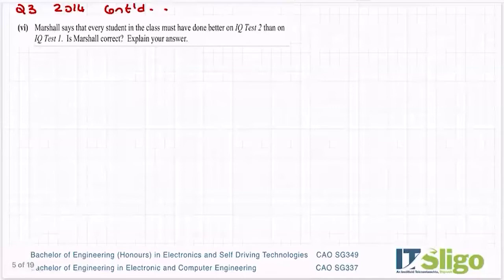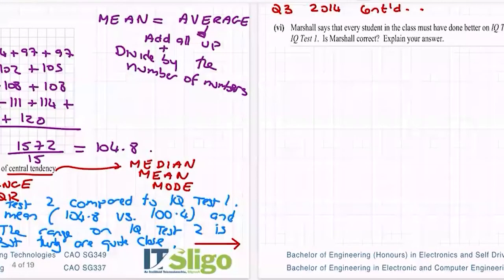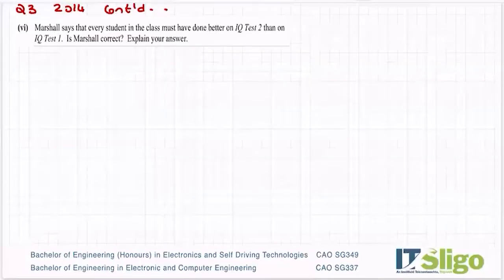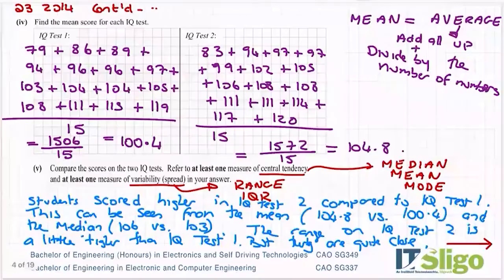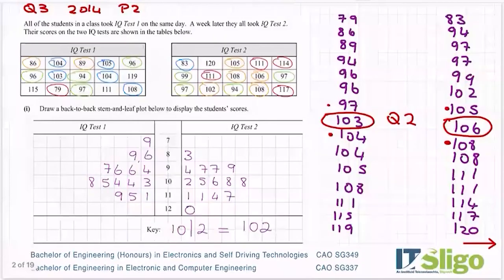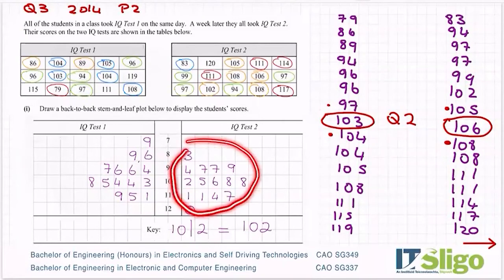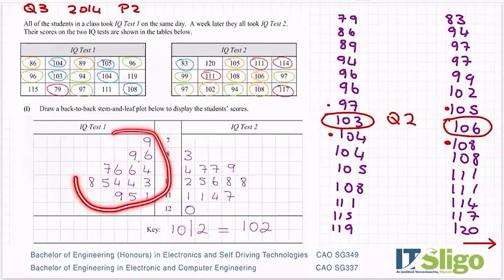Part 6, Marshall says that every student in the class must have done better in IQ test 2 than in IQ test 1. Is Marshall correct? Can we say that every student who took IQ test 2 did better than in IQ test 1? Well, I would say no, we can't say that at all, because nowhere does it tell us which student got which result.